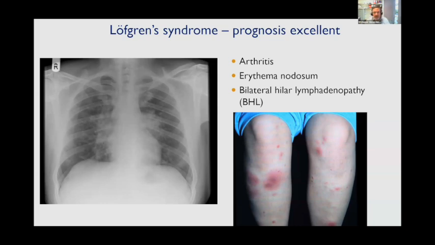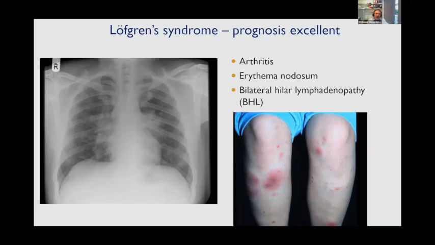So acute is something that comes on fairly quickly over a short period of time, and chronic is something that lasts a long time. And the classic acute presentation of sarcoidosis is named after the Swedish physician Löfgren and is often referred to as Löfgren syndrome. And it seems to be particularly common in Scandinavian countries, particularly towards the North Pole, for reasons that aren't entirely clear. But we do see people with Löfgren syndrome.